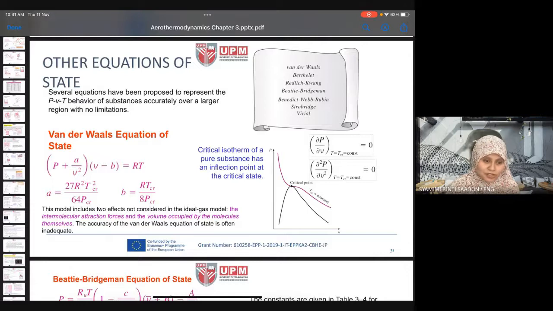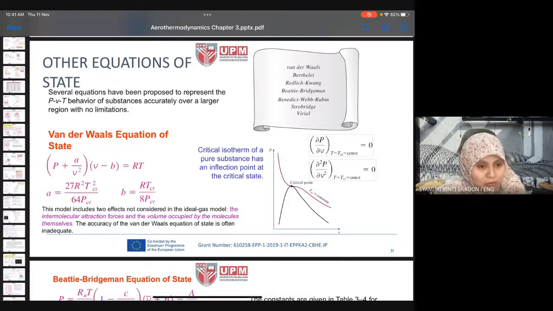Because the ideal gas equation of state just now, PV equals RT, is very simplified. Sometimes it neglects certain factors. So sometimes the calculation is not very accurate, but it is sufficient to calculate any process that can be simplified in the ideal case.